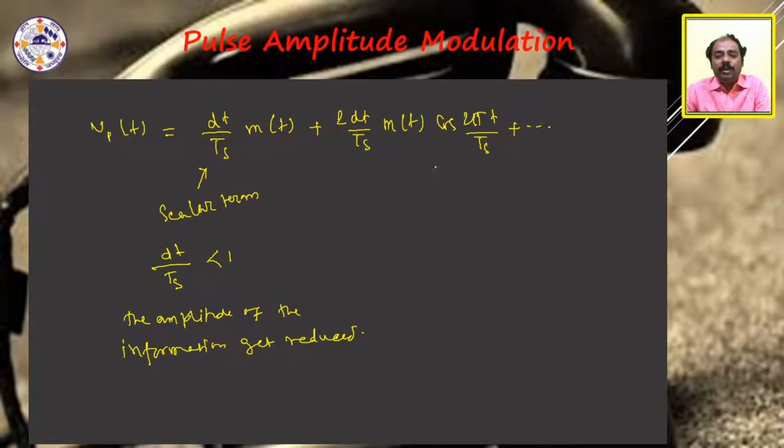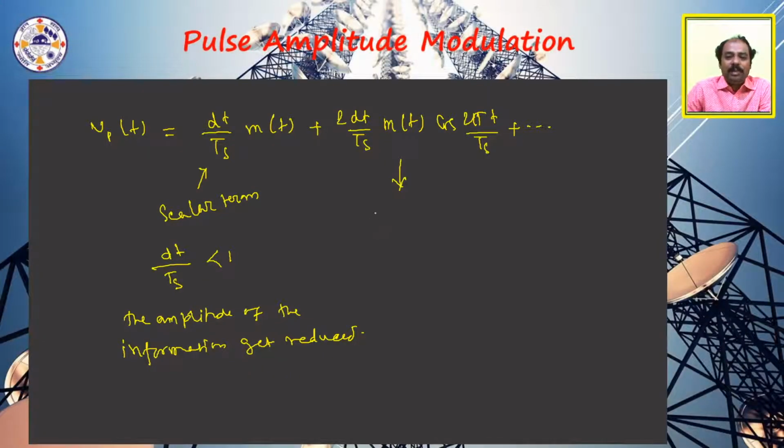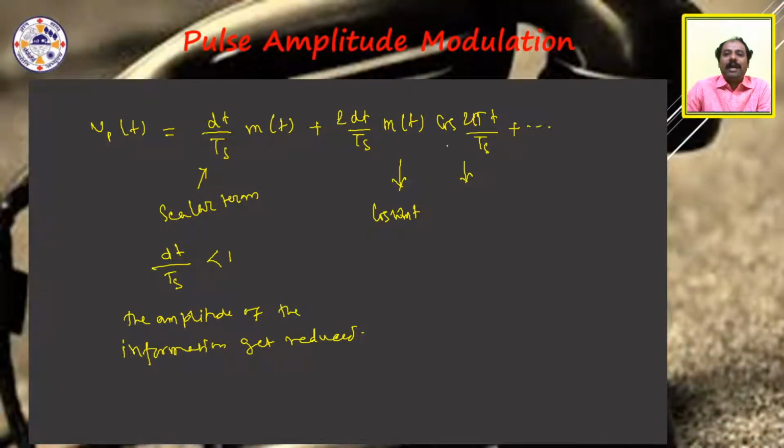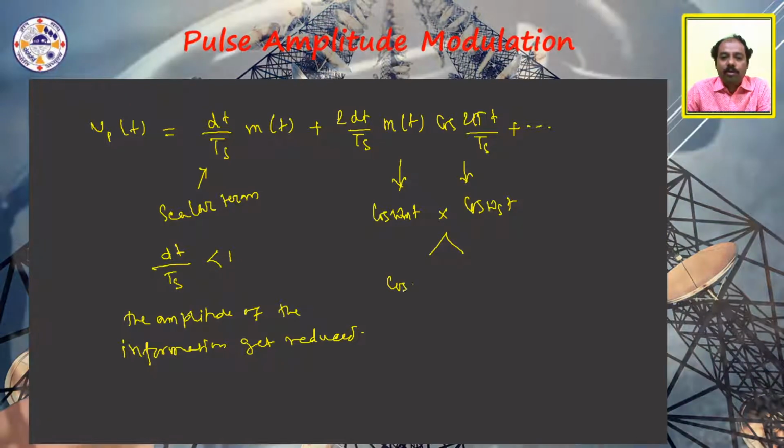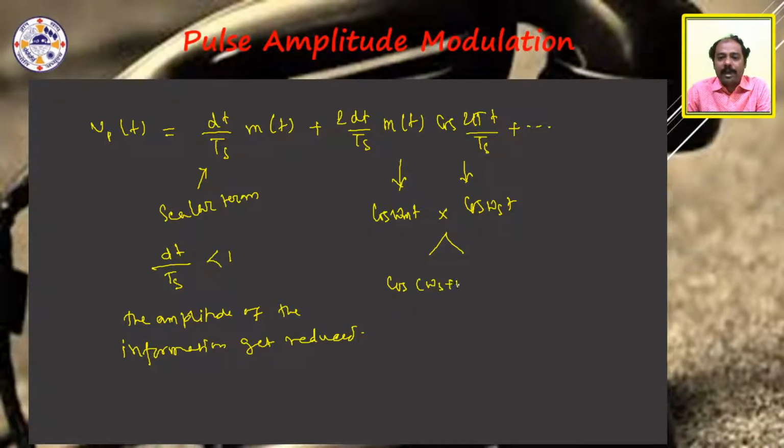Now if we minutely observe this expression, for example m(t) is of the form cos omega m t. Whatever may be the amplitude, I am not considering it here. And cos 2 pi t by ts, if I consider the angular frequency as omega s, I can write it as cos omega s t. Now multiplying it, I will get two terms: cos (omega s plus omega m) t, and cos (omega s minus omega m) t.